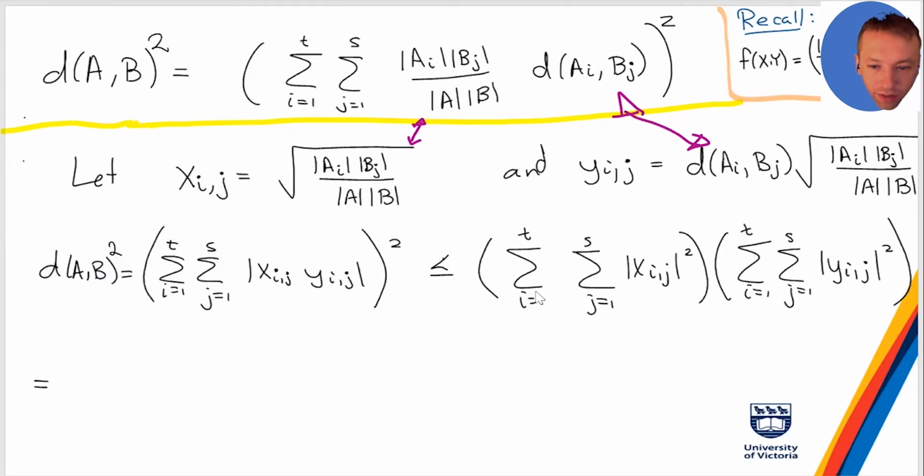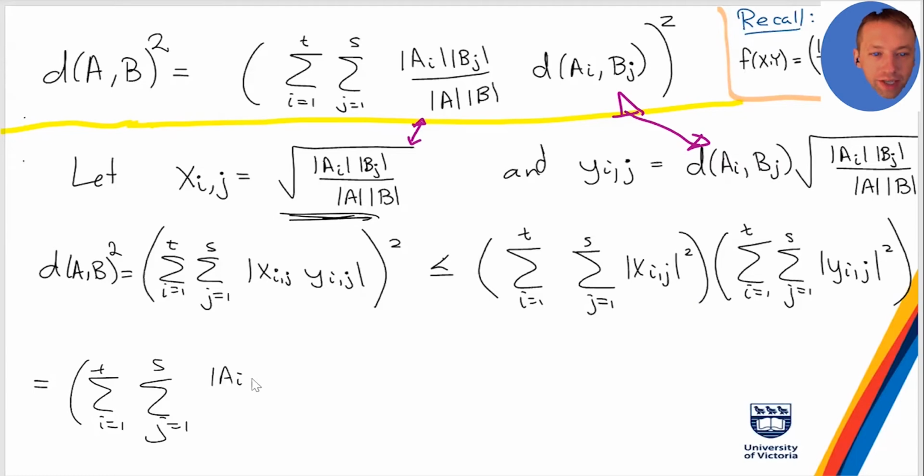So for some reason the chat's not coming up when I click it, but hopefully it will pop up in a second. Right, so this is going to be the sum i equals 1 to t, j equals 1 to s. The nice thing about when I square xij is I get ai bj over ab.